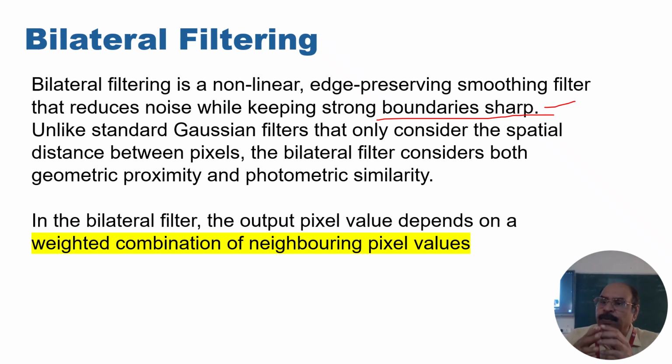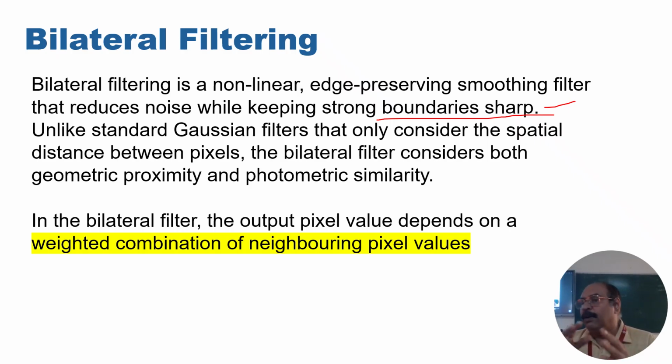As I told you, for every purpose, we compare it with our Gaussian filters. So when compared with Gaussian filters, which use the spatial distance between pixels, in bilateral filtering we consider both the geometric and photometric similarity.